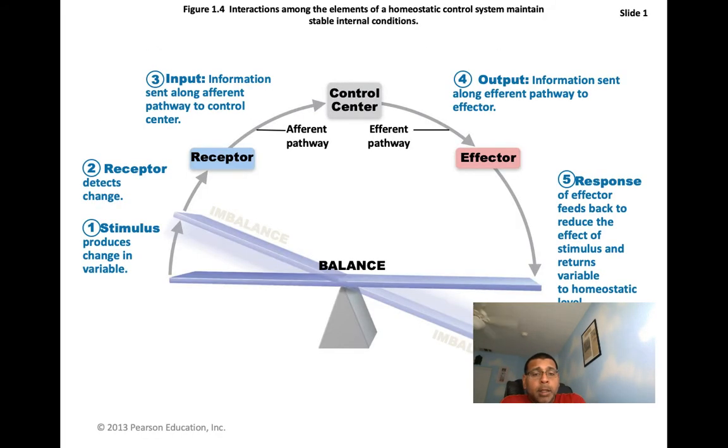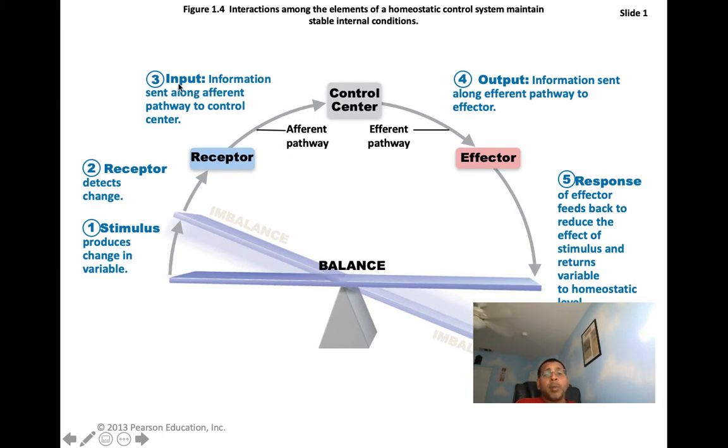Here you can see everything basically illustrated in this image. So if we are not in balance, let's say a homeostatic imbalance is encountered, so no more homeostatic balance, that stimulus is going to produce a change, and that is going to be sent from the receptor, because the receptor is responsible for detecting the change, to the control center along the afferent pathway.